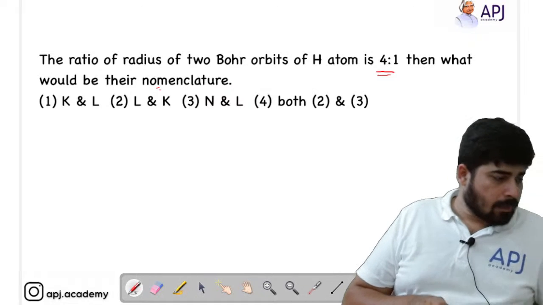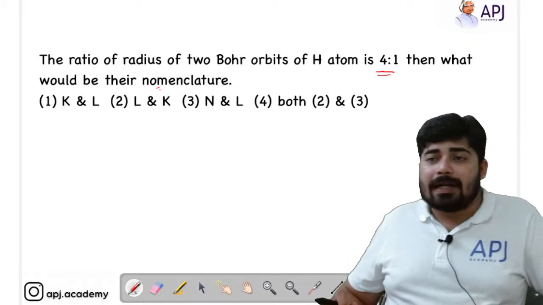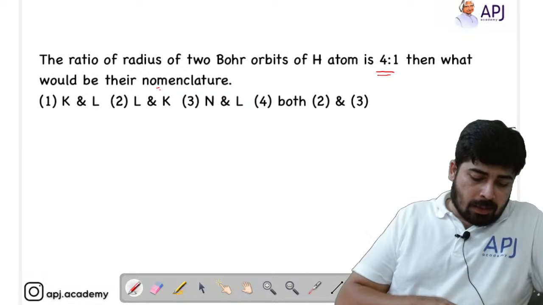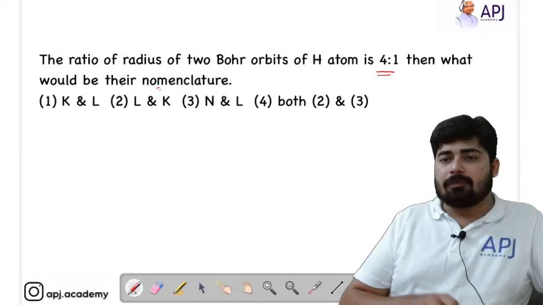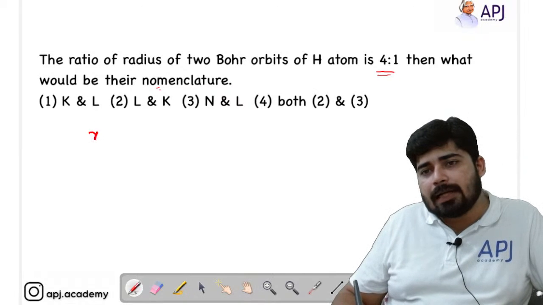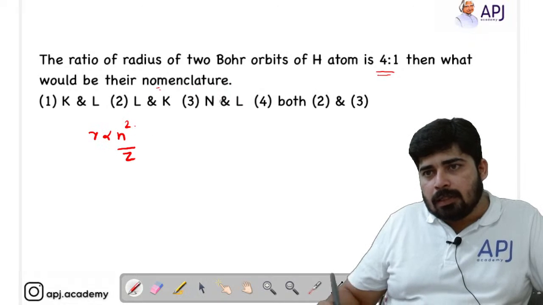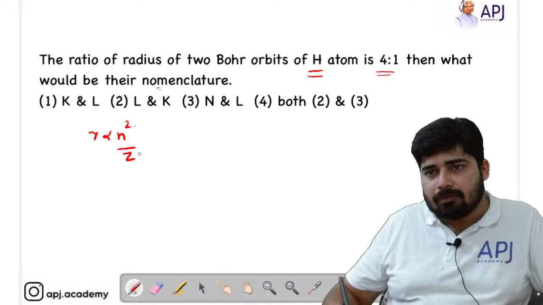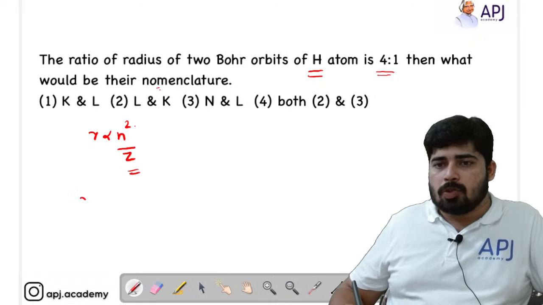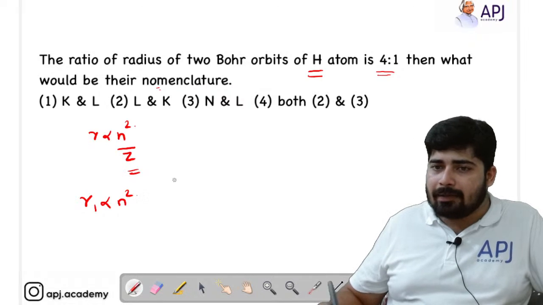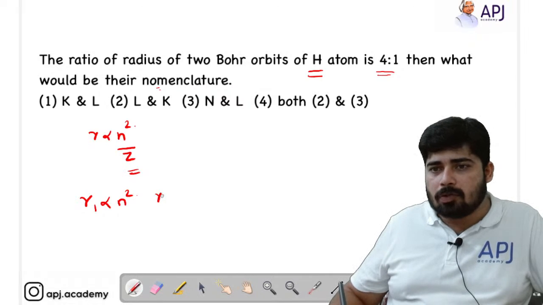The ratio of radius of two Bohr orbits of hydrogen atom is 4:1. Then what would be their nomenclature? We know that radius is directly proportional to n square by z. Since it is a hydrogen atom, the z value is 1. So R1 is proportional to n1 square, and for another orbit, R2 is proportional to n2 square.